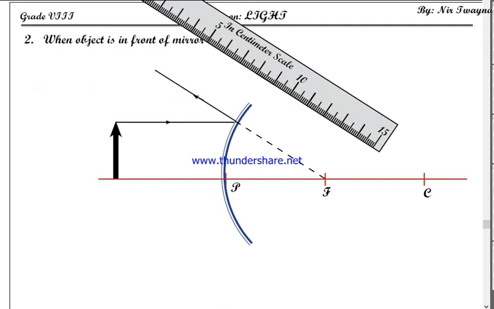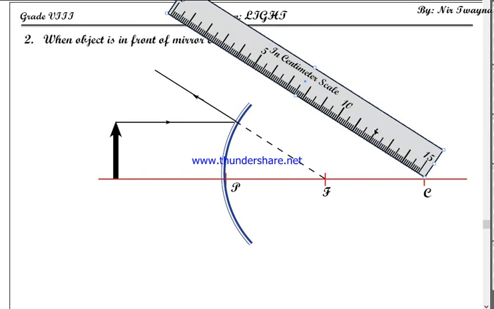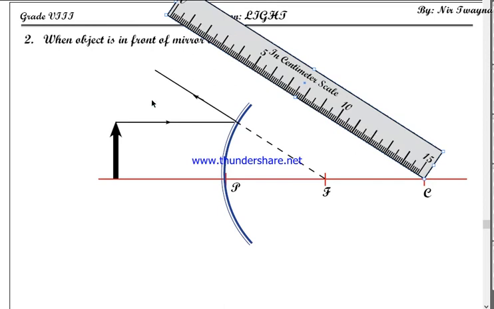Now instead of rule number 2, I feel it is more convenient to use rule number 3, because I need to rotate the scale only once. So to use rule number 3, I fix the scale to C. C means center of curvature. Then I manage the scale. Oh my god, my scale is too short.